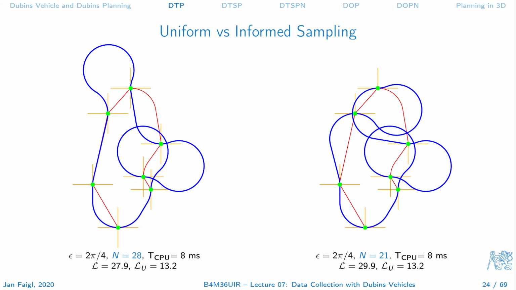So let's take a look at how it can actually perform. We have this iterative procedure for uniform sampling and this informed sampling. We start with some rough resolution, and here we actually double the samples, no matter which interval.